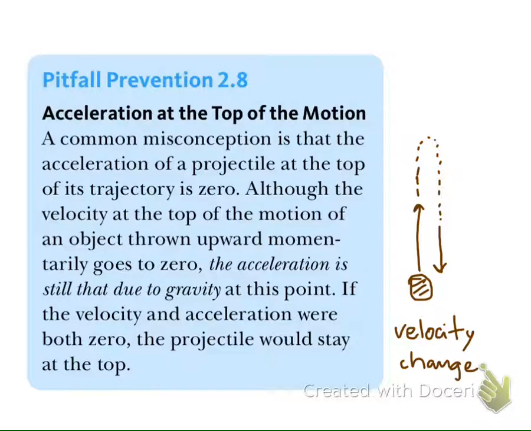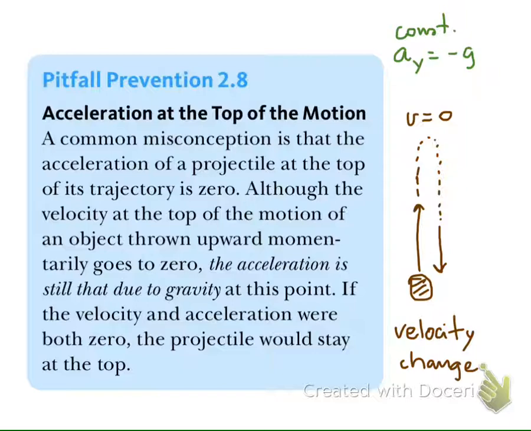At the top of the motion, the velocity is equal to 0 at the maximum height. But if you look at the acceleration, a_y is always equal to minus g, and this is a constant. It does not change.